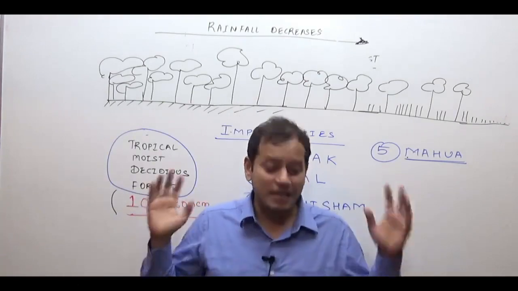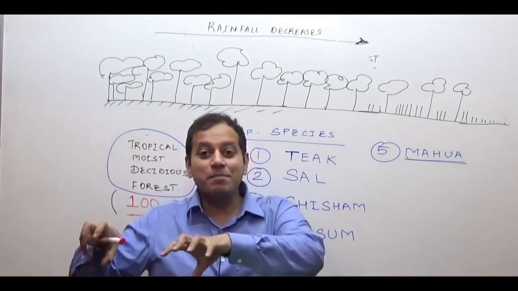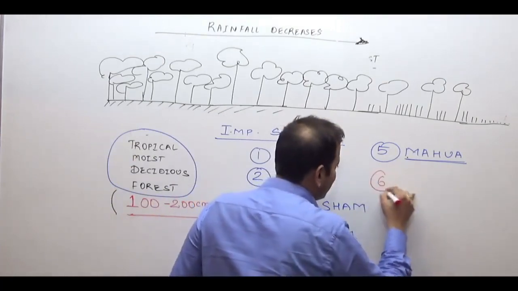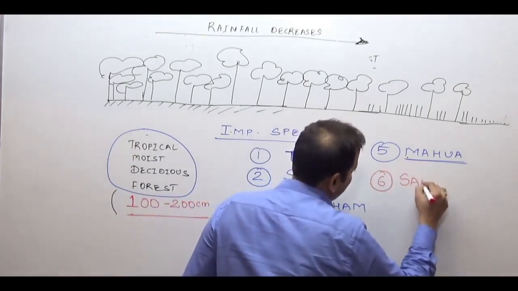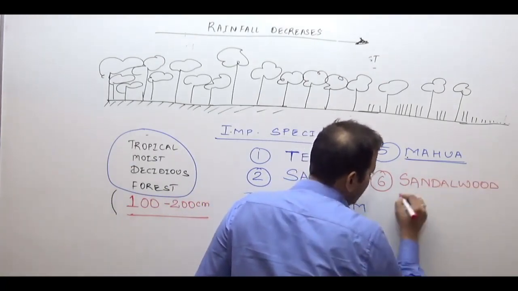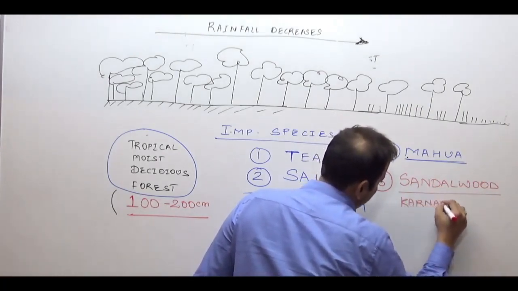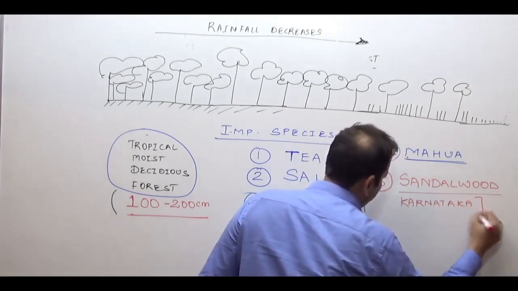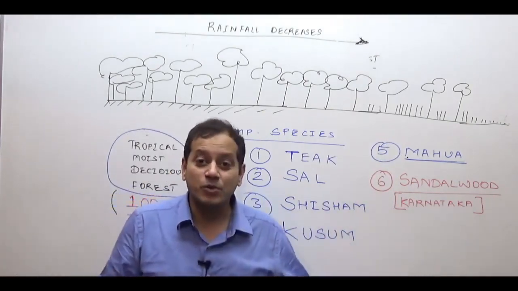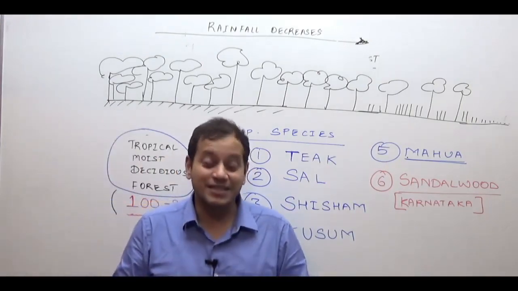So mahua is an important species, and another important species found in the southern part of the plateau, in the Karnataka region, is sandalwood. Mostly in the state of Karnataka. Sandalwood is an endemic species of the southern part of the plateau. It is not found in the Himalayan ranges. It is found in this tropical moist deciduous forest region.